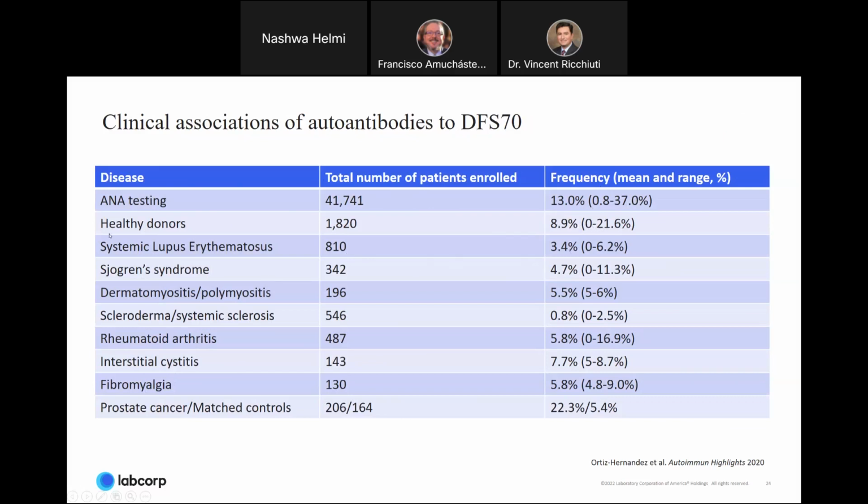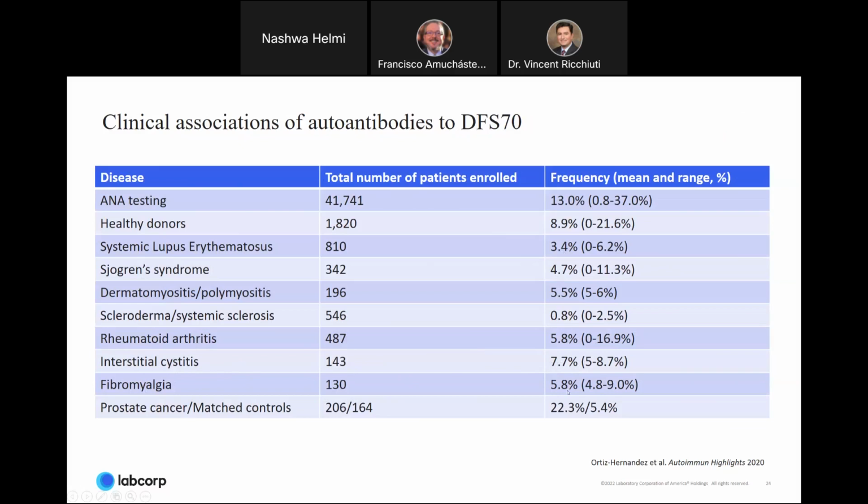And then in the other systemic autoimmune diseases, such as SLE, Sjogren's, dermatomyositis, scleroderma, even rheumatoid arthritis, the percentage of antibody to DFS70 is much lower. Interstitial cystitis is probably the highest in the study.